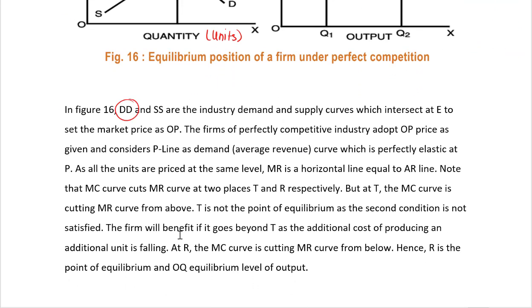In figure 16, DD is the industry demand curve and SS is the supply curve, which meet at E to set the market price, that is OP.